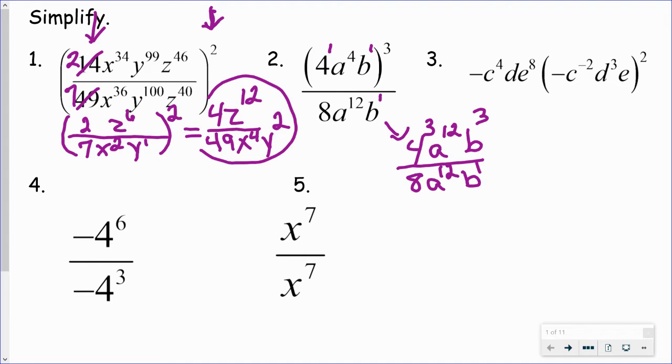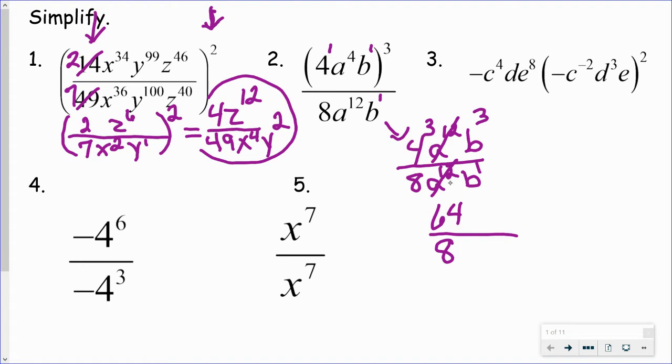Now I take my calculator out, or I just think what's 4 times 4 times 4? This becomes 64 on the top over 8 on the bottom. Do you see we have an a to the power of 12, a to the power of 12? So that's the same exact thing on the top and the bottom, so those cancel out to 1.